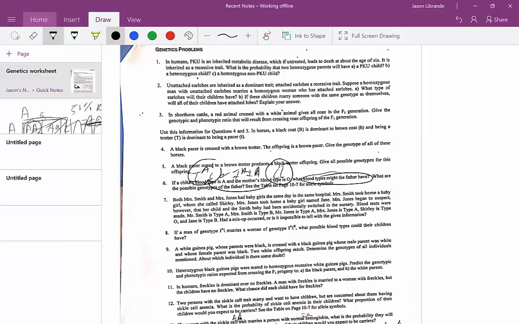So we know the child must have that genotype right there. The mother has two lowercase i's, so at least the child must have one of those. So this means the I uppercase A, the A blood type, must have come from the father. So we know the father must have had at least one uppercase A. So the blood type of the father must be A blood type.